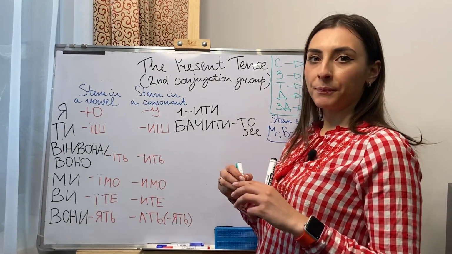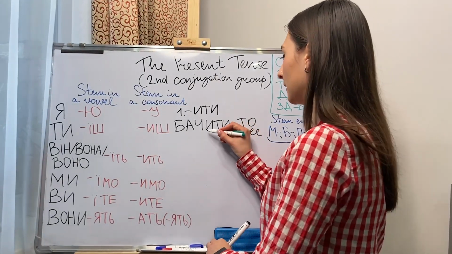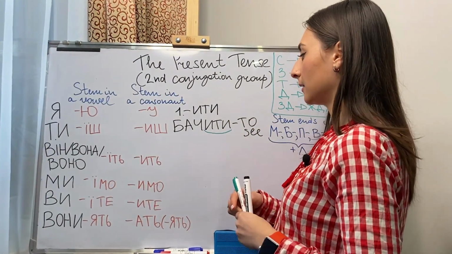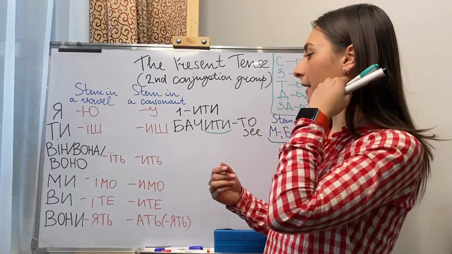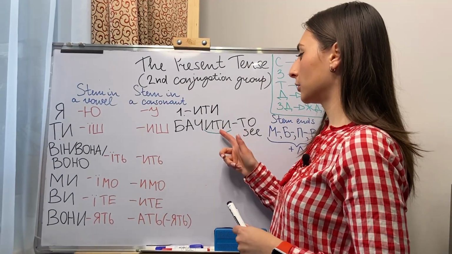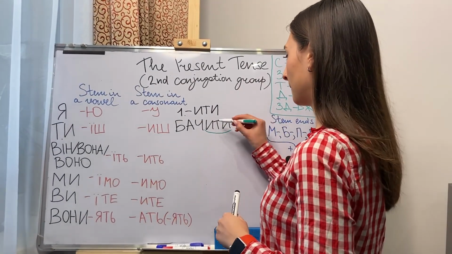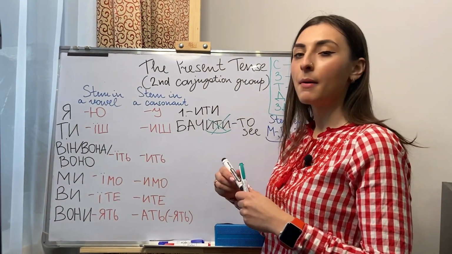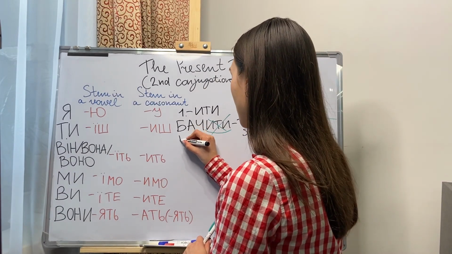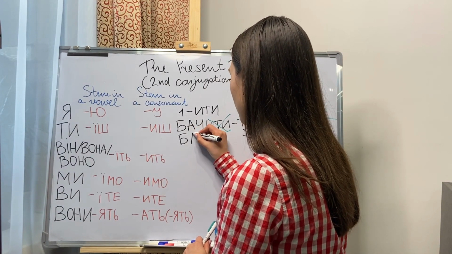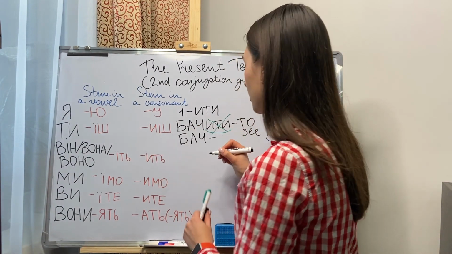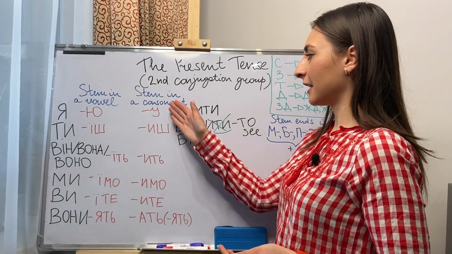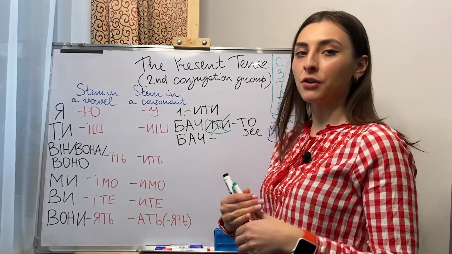So you can see it ends in ити, so it indicates that it belongs to the second conjugation group, and of course we have to drop this ending here, so we just drop it, and we have a stem бач. Бач, it ends in a consonant, you're right, so we have to add these endings to conjugate it correctly.